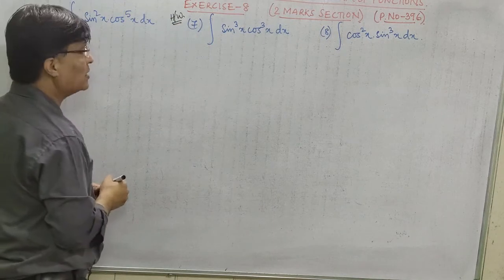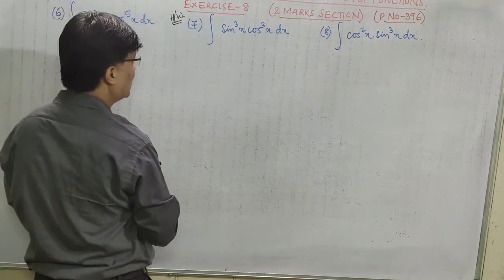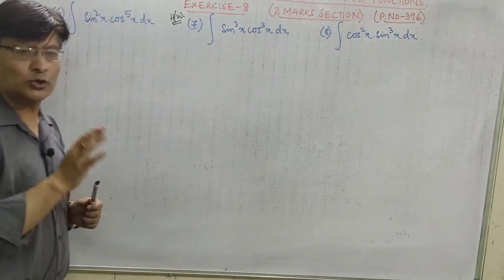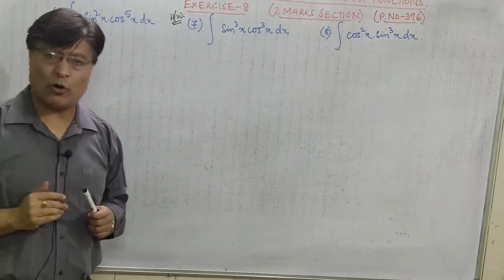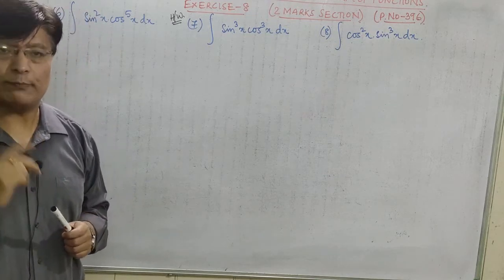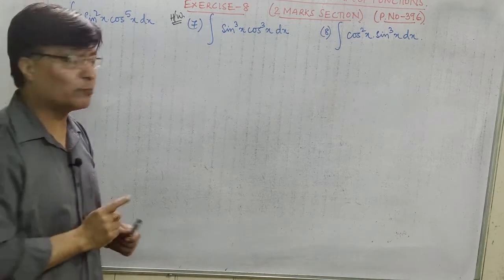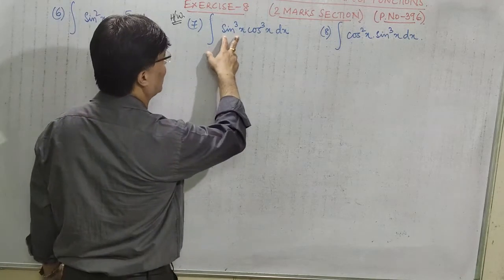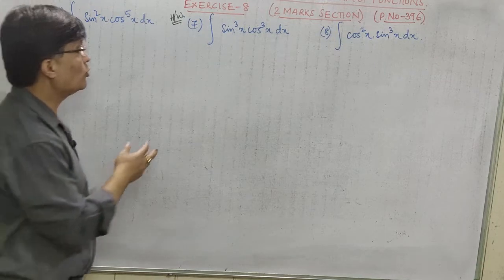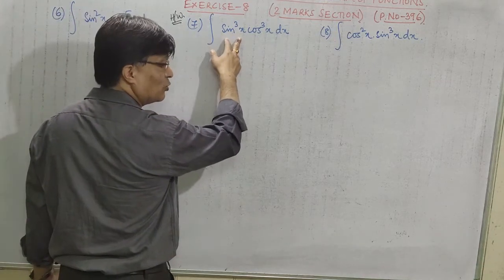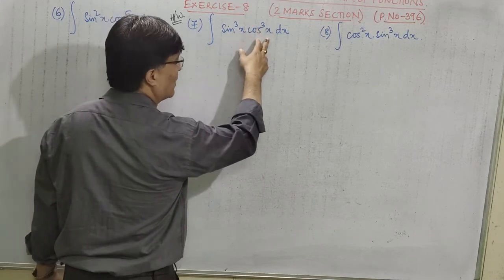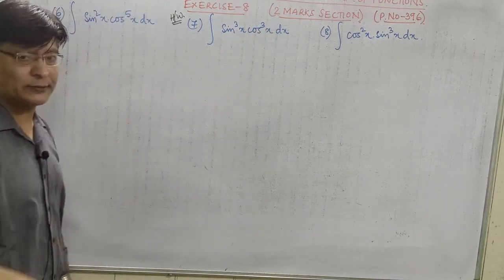Okay? Now in this case, both the powers are odd. If both the powers are odd, then you can break any one of these two odd powers. You have to break only one odd power. Either you can break sin cube x as sin square x into sin x, or cos cube x as cos square x into cos x.